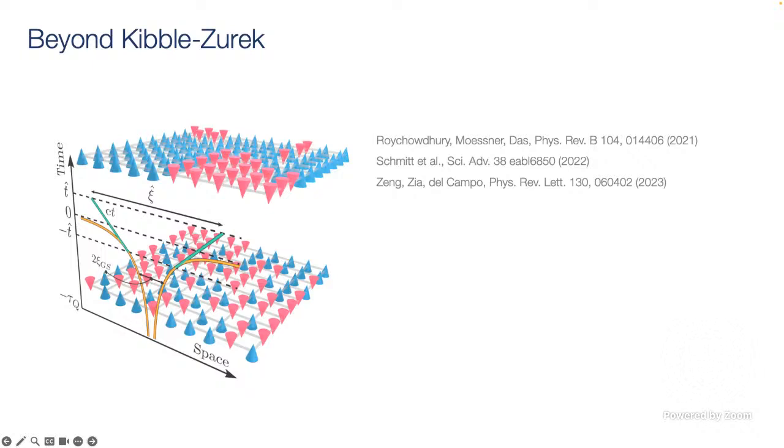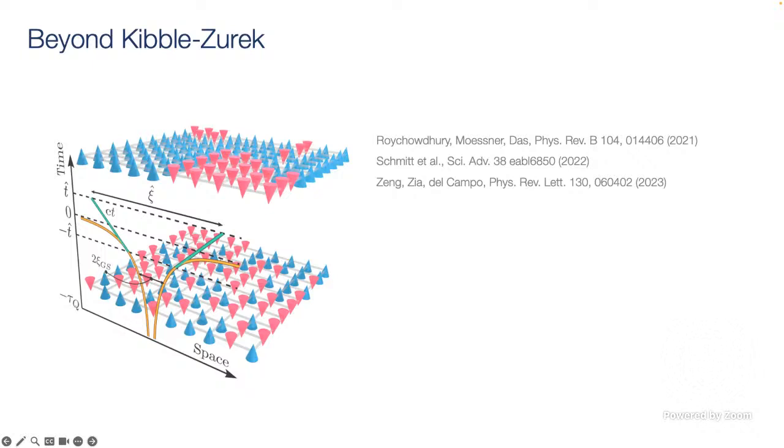In reality, there can be significant physics beyond it because the system does not actually freeze as you're going through a quantum phase transition. Instead, there's a non-equilibrium correlation length that continues to grow with time, even as you're passing through this phase transition. This has been realized by many people, including Zurek himself in this paper.